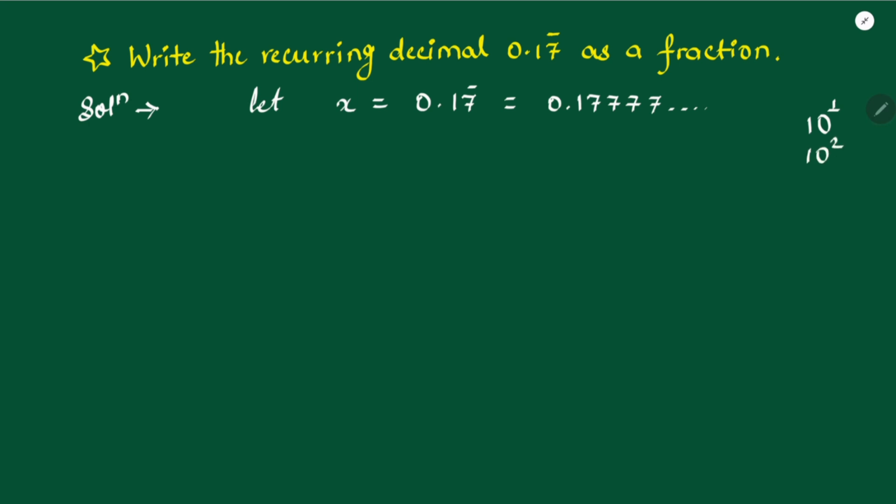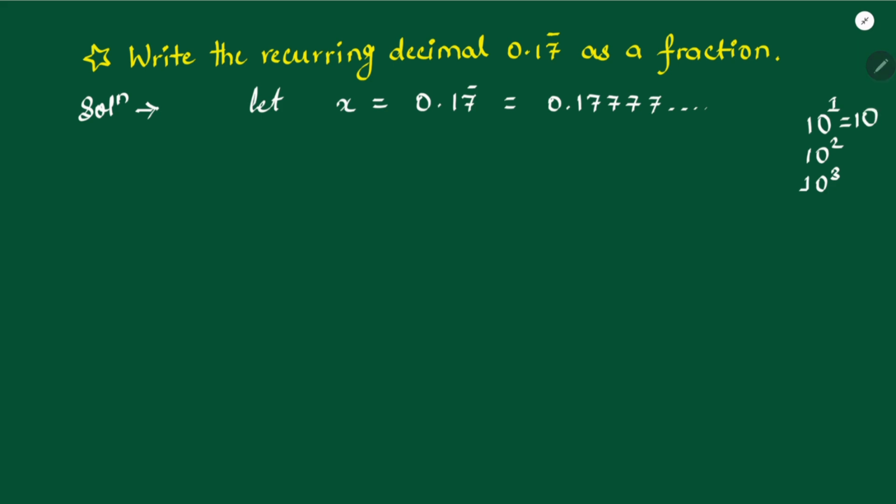If there were 3 digits repeating, we would have put the power 3. Here, the only digit that is repeating itself is 7. So we have put a power of 1 to 10. So 10 raised to the power 1 is already 10.